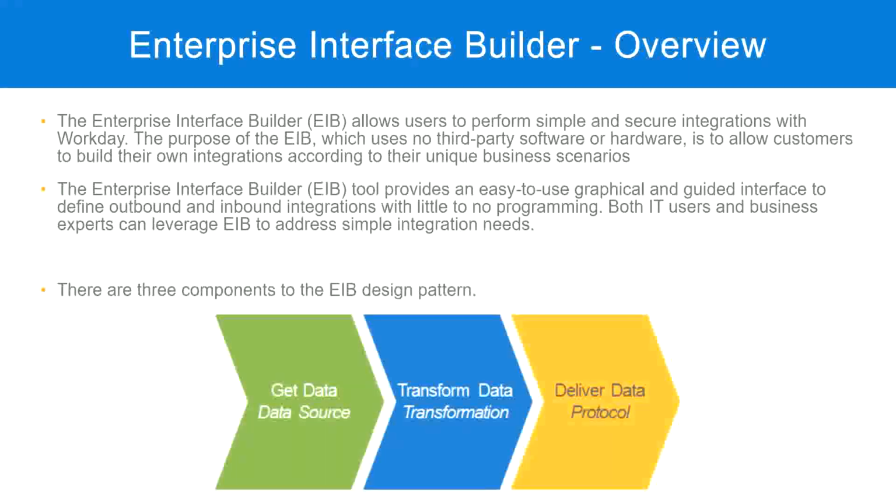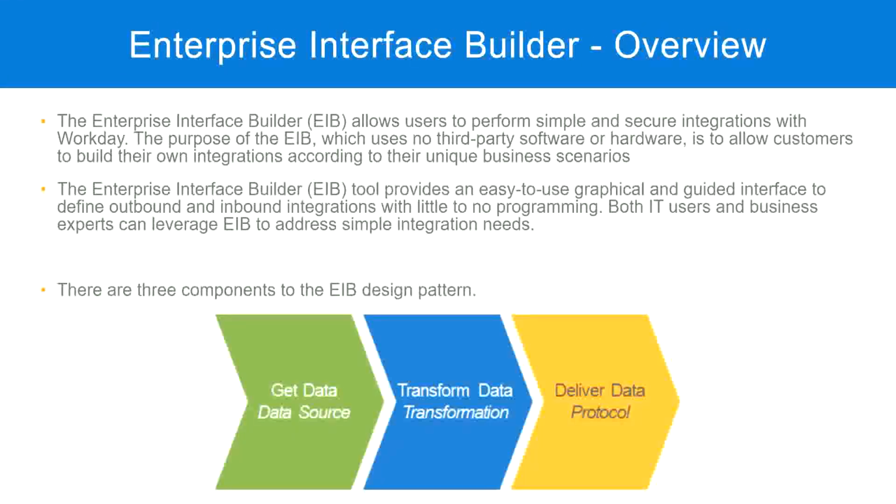Then the second step would be to modify the data, or translate the data, or transform the data into a format expected by the recipient. That is transform data. The third step will be to send the data to the recipient or to deliver the data.